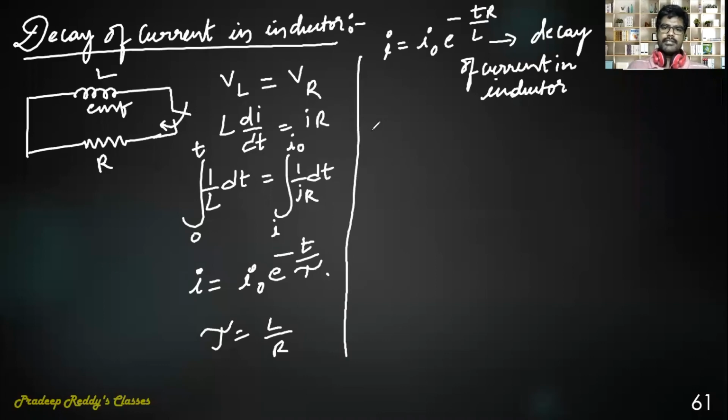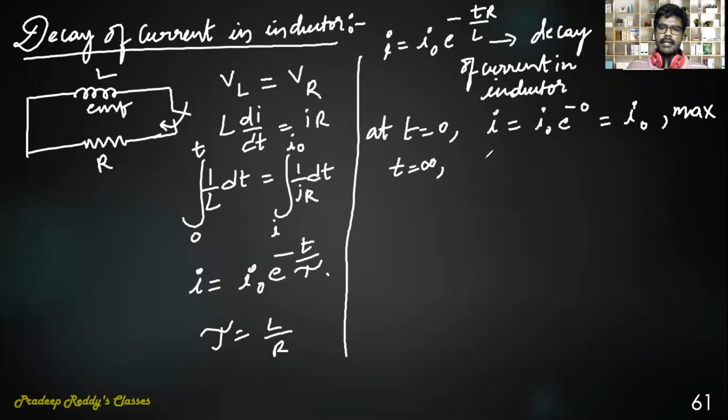Clearly, from this equation, at t is equal to 0, I will be equal to I naught into e power minus 0. E power 0 is equal to 1, so that is equal to I naught, and this is the maximum current. At t is equal to infinity, I is equal to I naught into 1 by e power infinity.